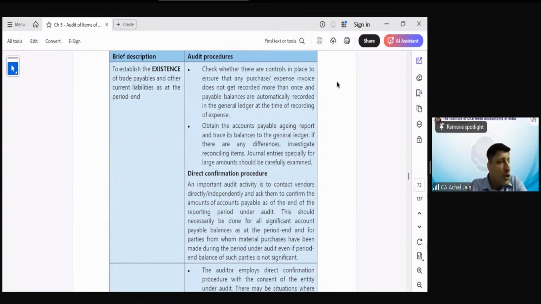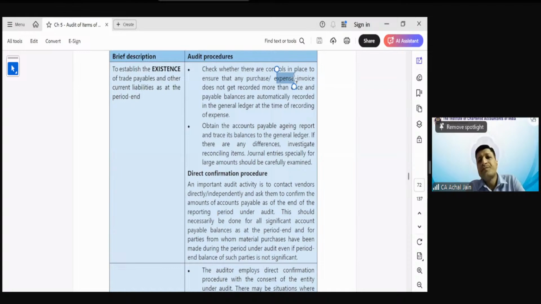Control testing you'll do. Okay. Which of course is going to form part of the audit procedures at various places. So that's about the control testing, which could be in relation to purchases and which could be in relation to various other expenses.